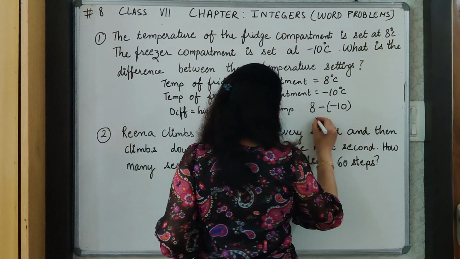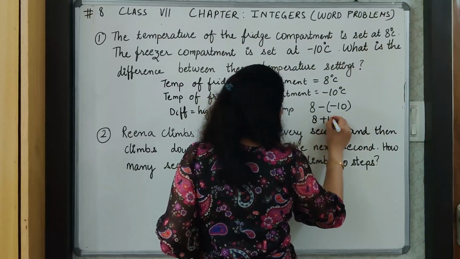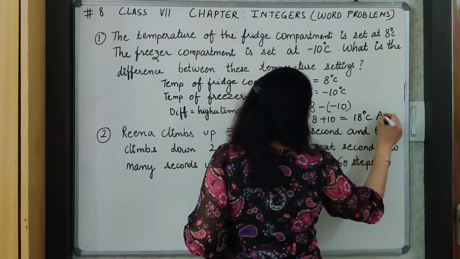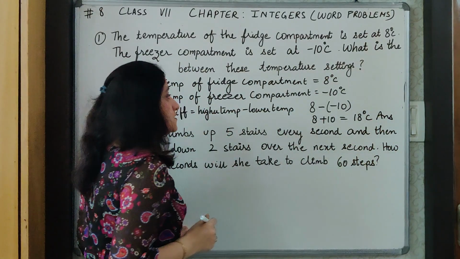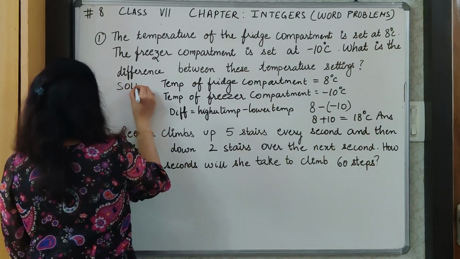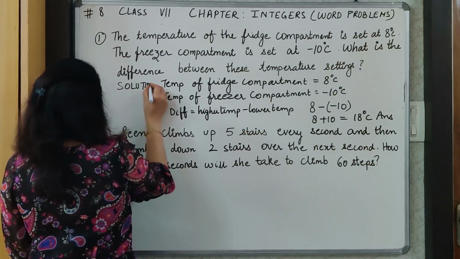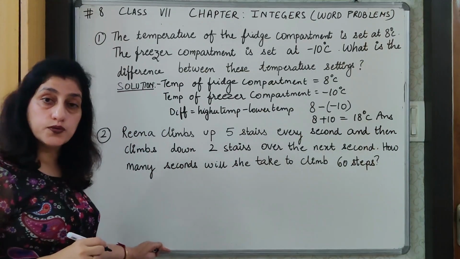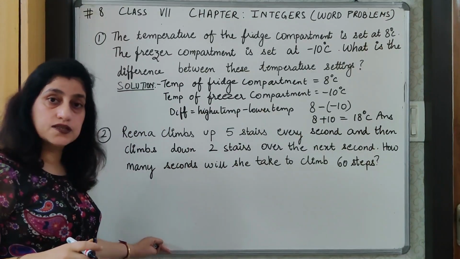Which will be 8 plus 10 is equal to 18 degrees Celsius. This is going to be the answer. The difference between the two temperatures is 18 degrees Celsius. So this is the solution to the first word problem which I have noted for you. I hope this is clear.